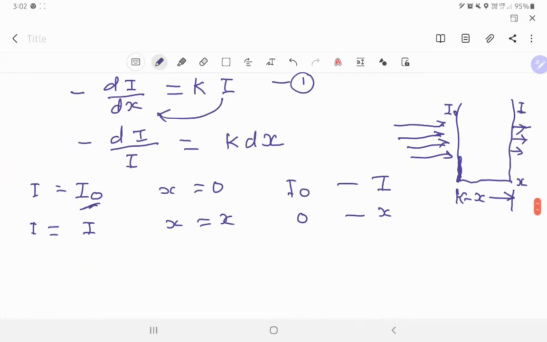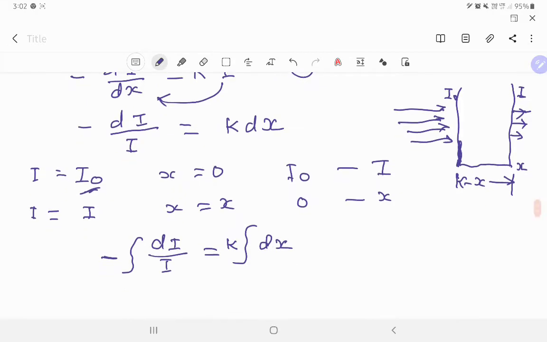Integrate this equation. The minus remains as it is: integration of dI by I is equal to integration of k dx. K is constant, so we can take it out of the integration.